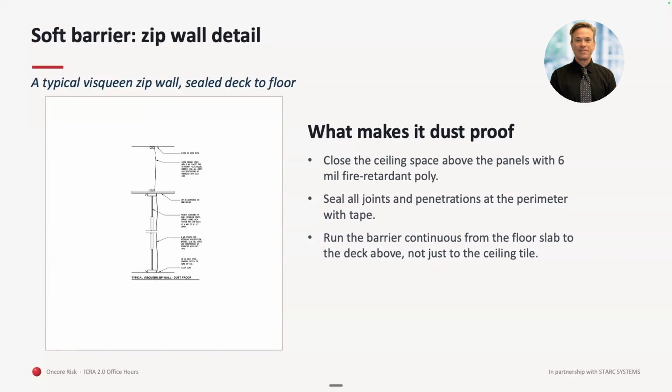That has a smoke tight and some type of fire rating, which is fire resistant. Then you can just put the plastic, and it has to be fire resistant or fire retardant, or a hard barrier that meets the same requirement, such as the STARC barrier or some of the other products that they have they're going to discuss later. If you take the ceiling tile out, then you have to go all the way to the deck with some type of product that meets the same requirement.